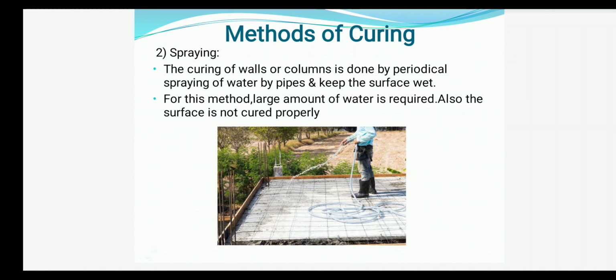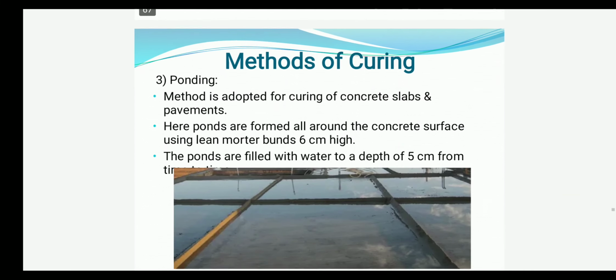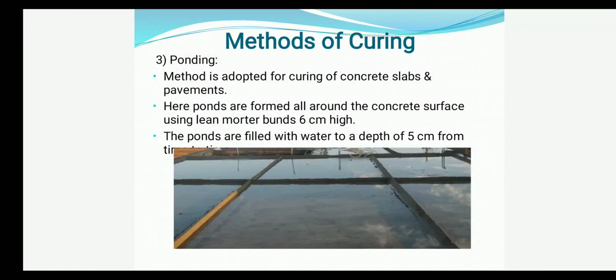The figure shows the application of water by pipes, keeping the surface wet. But in this method, a large amount of water is required. Also, the surface is not properly cured.